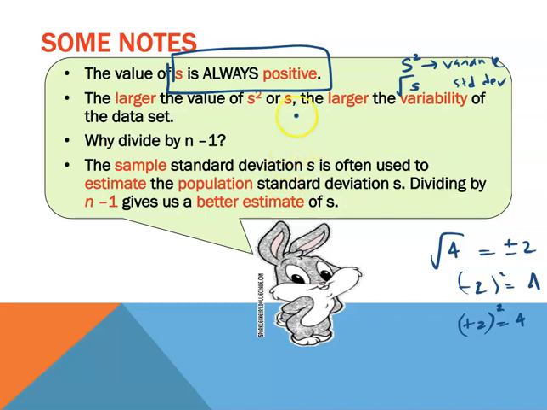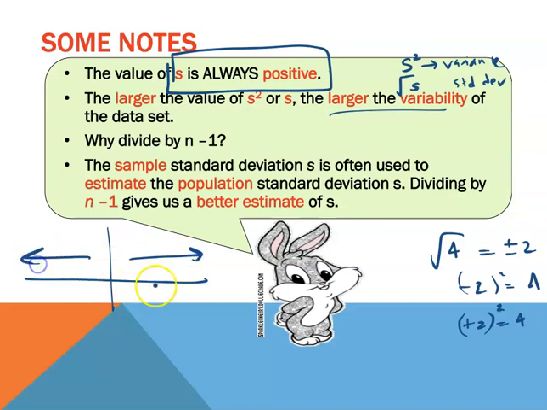So the larger the value of S squared or S, the larger the variability of the data set. I talked about this early on. This is your center. It means that the data is farther away when your variance, or sample variance, is bigger. But when your data set is closer towards the center, only a small arrow like this, it means that your population variance or sample variance is smaller.